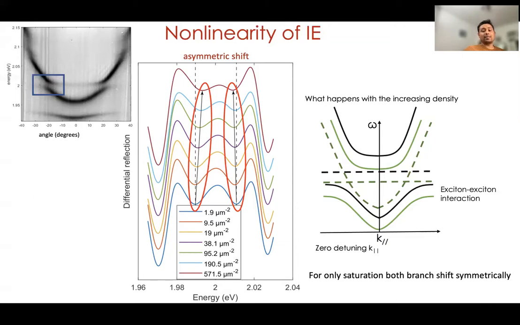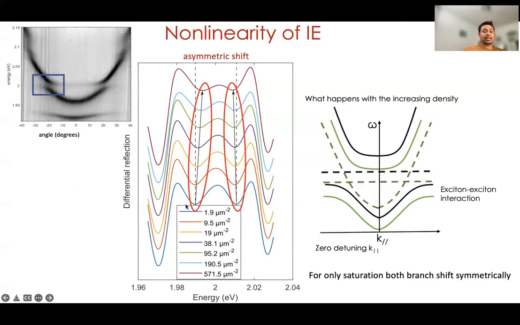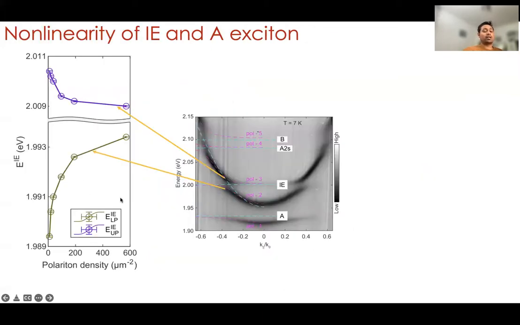Because of higher density at higher pump power, the excitons start interacting with each other, and it renormalizes their energy. Because of this combined effect of exciton-exciton interaction and saturation, we see the asymmetric shift in our experiment. Now we can track these dips in the polariton lower branch and upper branch and plot them as a function of polariton density.